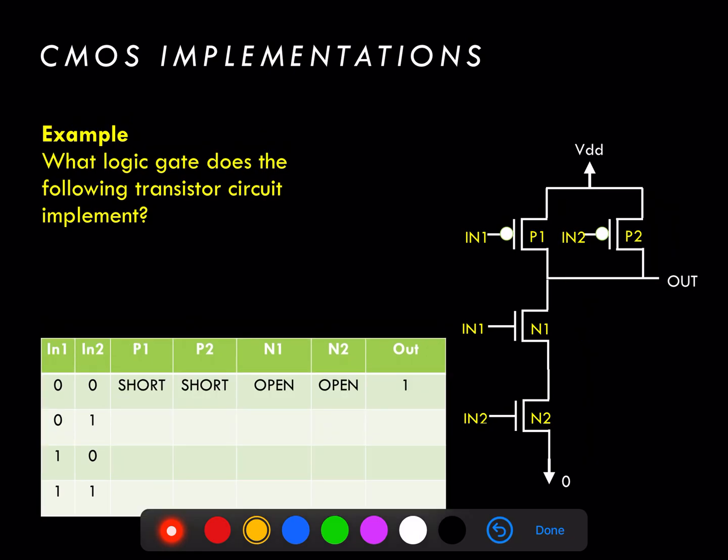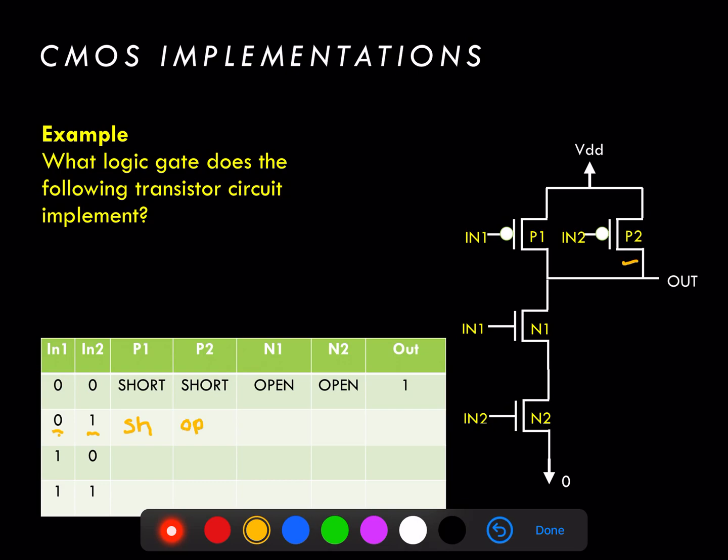We can continue in the truth table by looking at the next combination, when N1 and N2 are 0 and 1 respectively. An input of 0 to a PMOS transistor P1 results in that transistor acting like a short circuit, and when N2 is equal to 1 into P2, the resulting transistor is modeled as an open circuit.